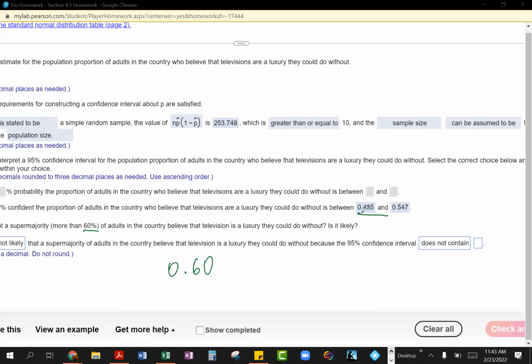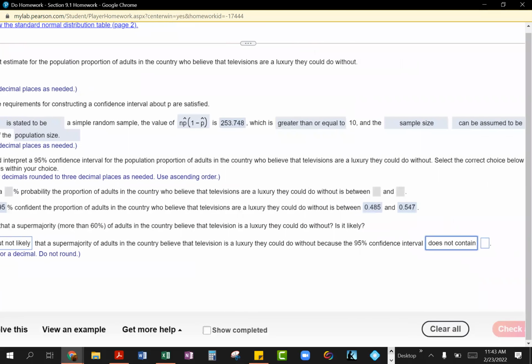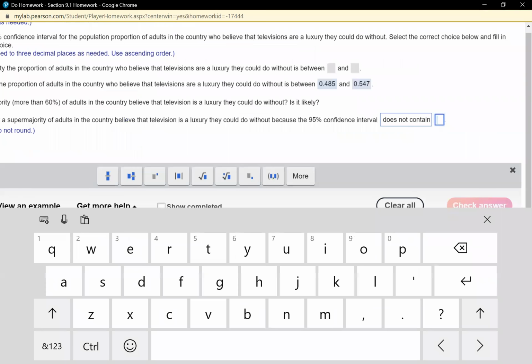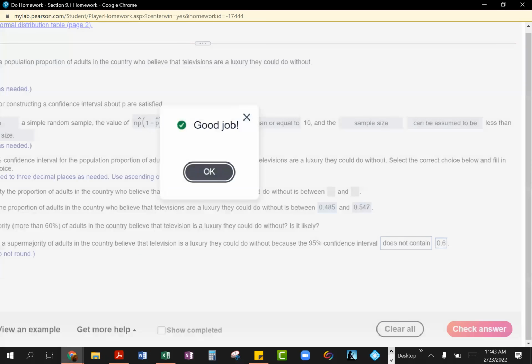And you can see our interval goes from about 48% to 54, maybe even 55% if you round it up, but you don't have the 60% in there. So that's what you have to say, is that it's possible but not likely, because your confidence interval does not contain that 60% value in there, and they're asking you to type an integer or a decimal. So we'll actually leave it, I believe, as 0.6 in the decimal format. Yeah.